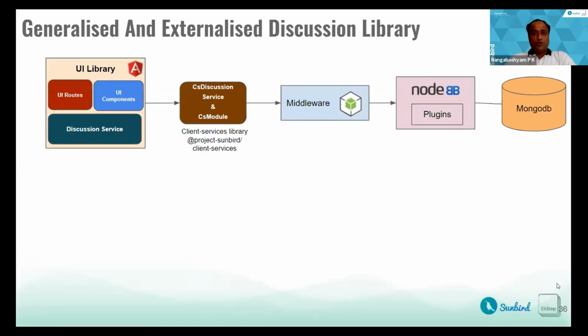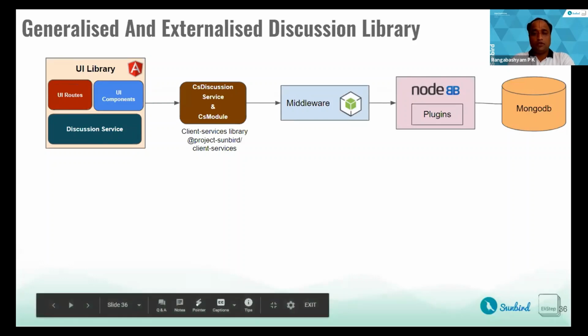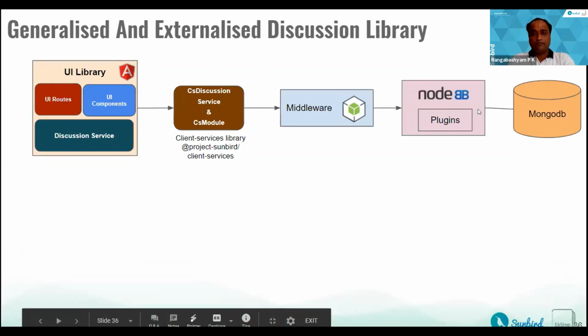The UI library has UI routes and components and the discussion service. This talks to the client services library. That's again a part of the Sunbird stack, where we have the APIs that are exposed for the UI to consume, and we have a NodeBB middleware that talks to the NodeBB plugin to the backend.